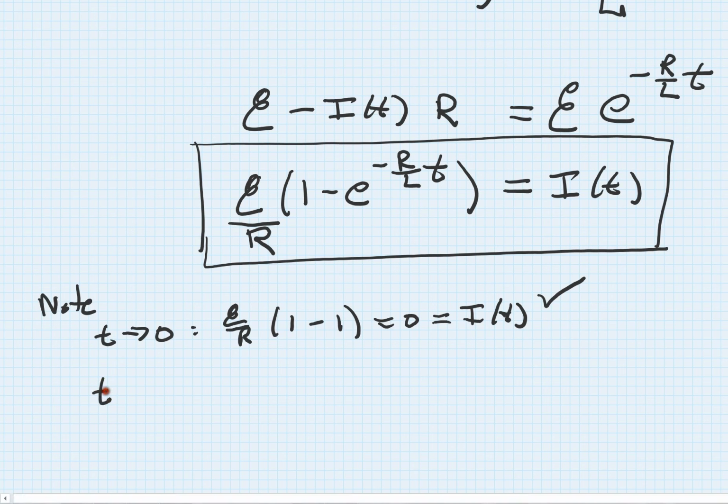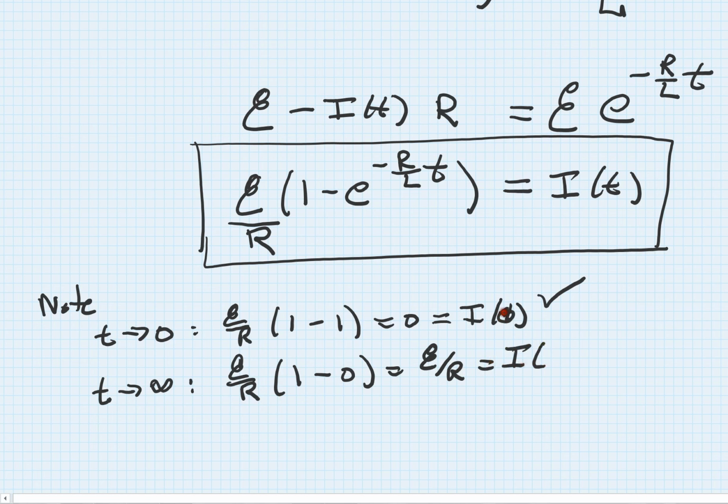And then when time goes to infinity, what we end up with is E over r as our current times 1 minus e to the minus infinity, which is just 0 in that case. So we see that E over r is our current as we go to infinity, this was the current at 0, and this is our current as we go to infinity, which is just what we would expect if the inductor just happened to be a very simple wire.